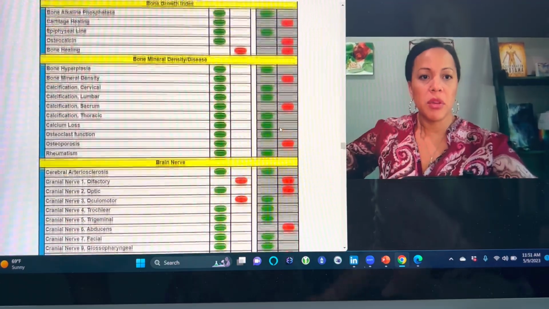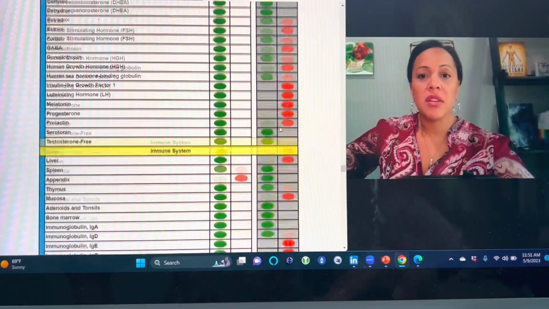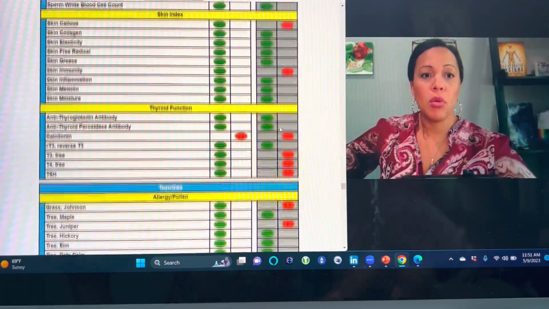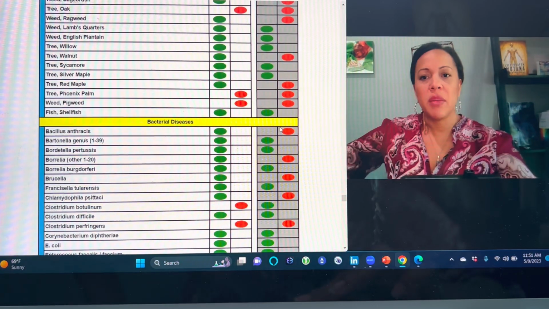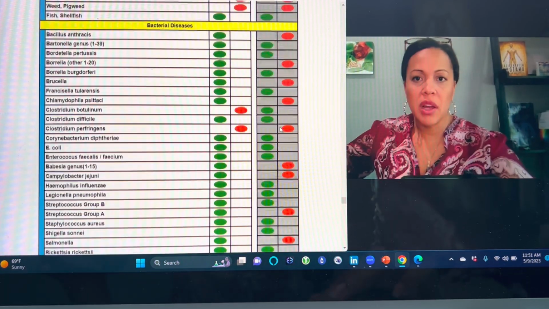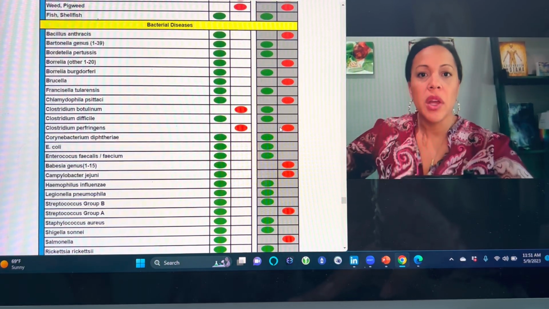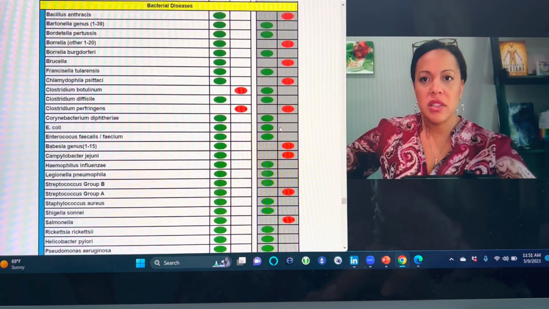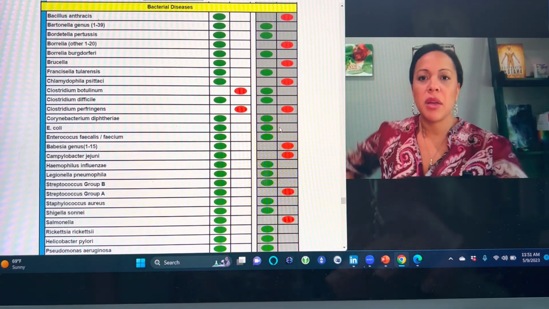Another thing that could be causing stomach problems is if there's any virus, bacteria, molds, or parasites, or even heavy metals in the body. If that shows up, then I would also be mindful that maybe that's what's causing their stomach issues. So you can use these reports to put different pieces together of the puzzle and see a bigger picture.